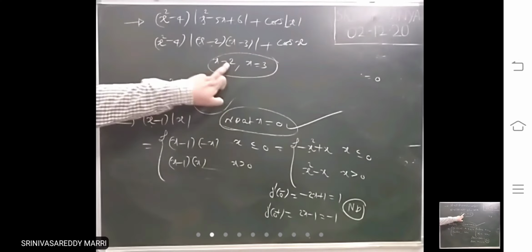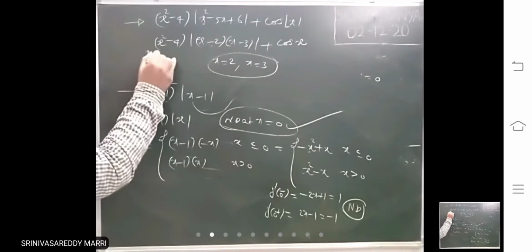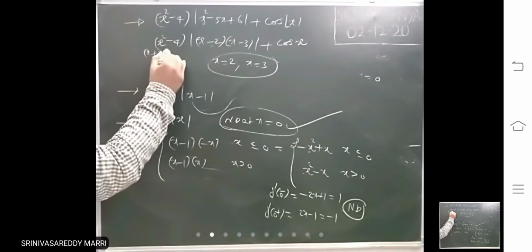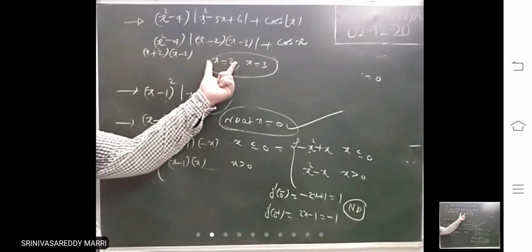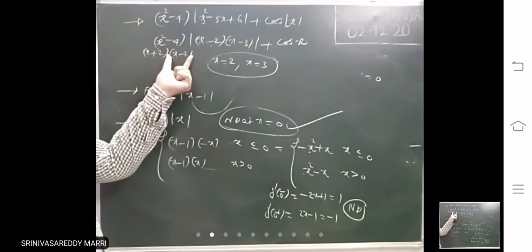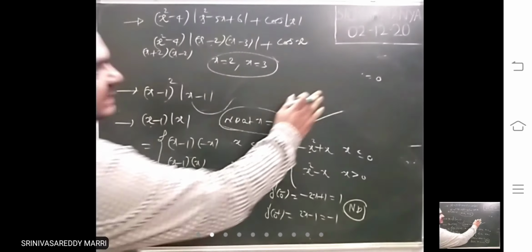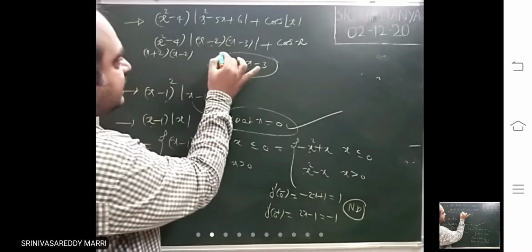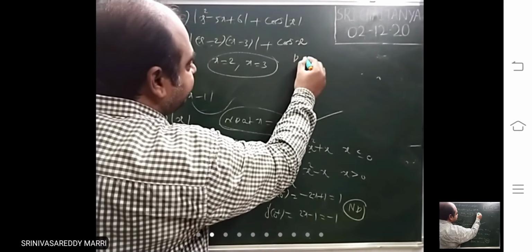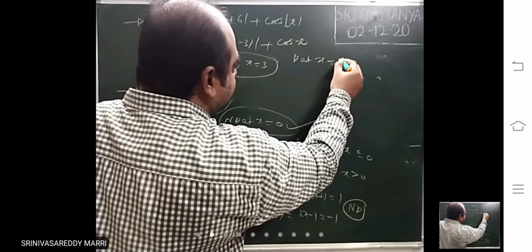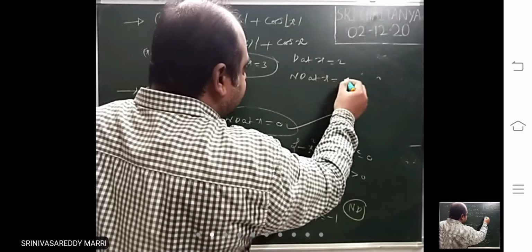But the factor here is there. This is nothing but x plus 2 into x minus 2. Look at, you got x equal to 2. Here the factor x minus 2 is there, and that will become x minus 2 whole square. That means in the points you got, if the common factor is there before multiplication, it is differentiable at x equal to 2, not differentiable at x equal to 3.